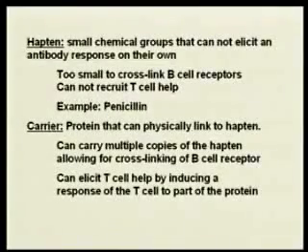You probably already went over this, but here's a brief definition of what a hapten is and what a carrier is. A hapten can be any small chemical group that cannot elicit an antibody response on its own. Typically, these are too small to cross-link the B cell receptor, and by themselves, they cannot recruit T cell help.